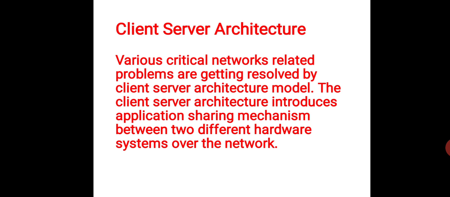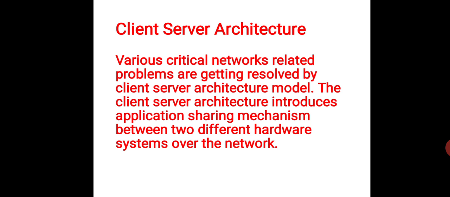So the client server architecture introduces an application sharing mechanism between two different hardware systems over the network. What is this doing? Client and server are nothing but computers, machines.